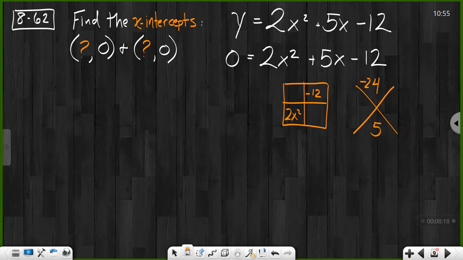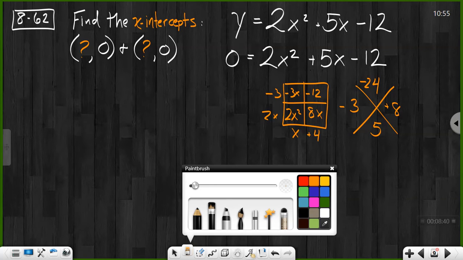This is not about teaching you how to factor. We're now using that. What multiplies to get negative 24 but adds to get 5? Well, we're going to have negative 3 and positive 8. That gives me negative 3x and 8x, and I can pull out my GCF on each of these rows and columns and always double check to make sure that it multiplies back to get the correct result.